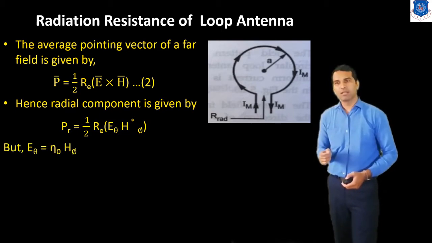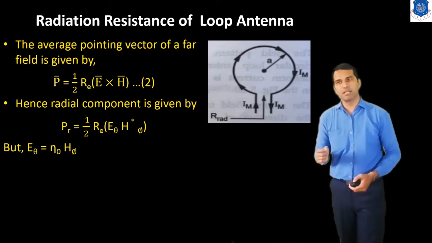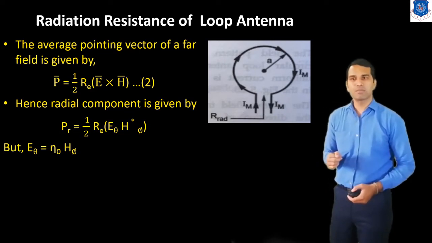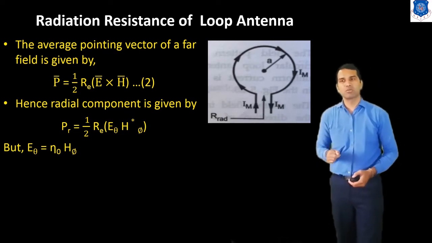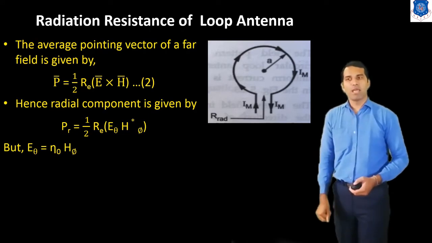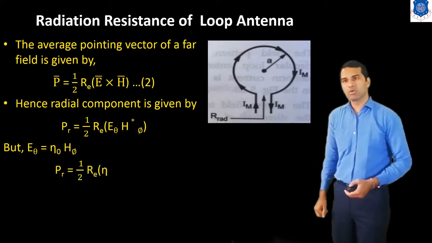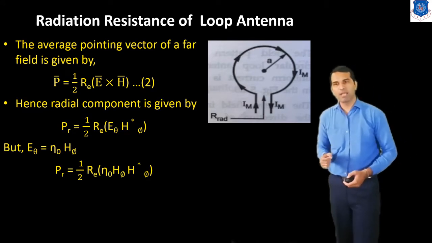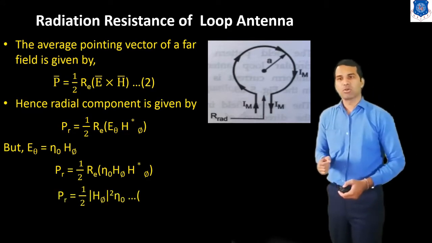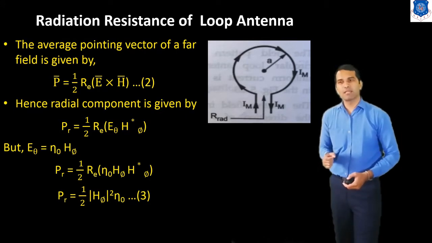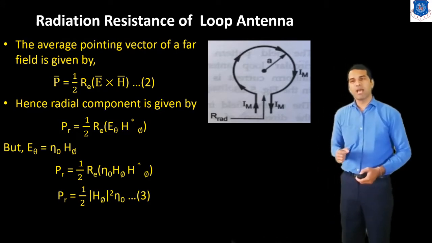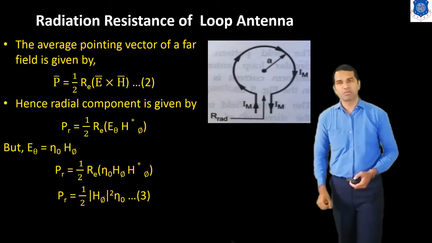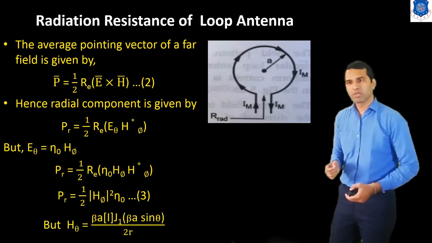But we know there is a relation between the E and H field, that means E theta is equal to eta 0 into H phi. So we can write 1 by 2 real part of eta 0 H phi into H star phi. So PR is equal to 1 by 2 H phi square into eta 0.